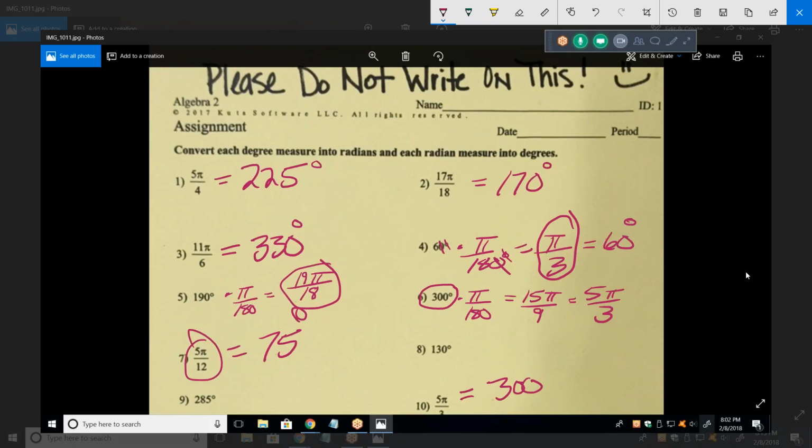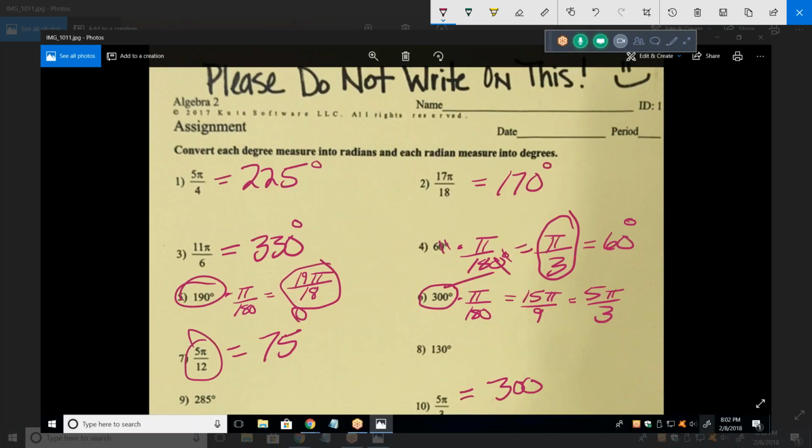So it kind of depends on whether you can train your mind into thinking a certain way. And it works great on simple ones like 300. Doesn't work so well on 190. 190 is no combination of 30, 45, or 60, whereas 300 is.